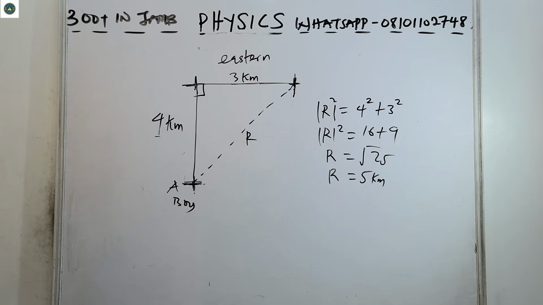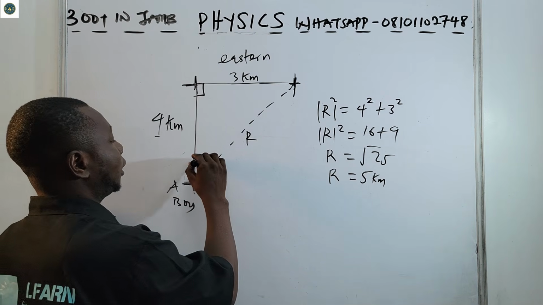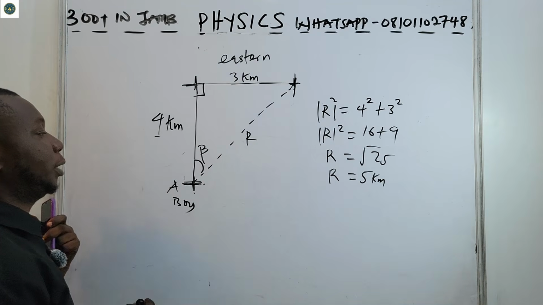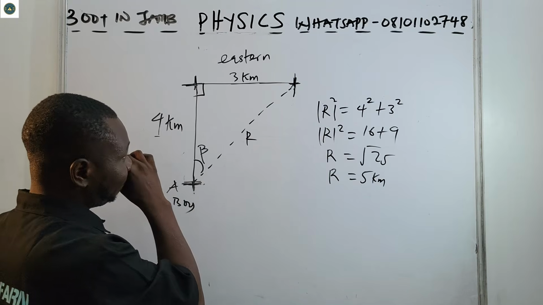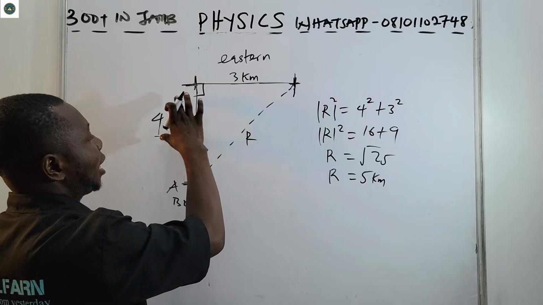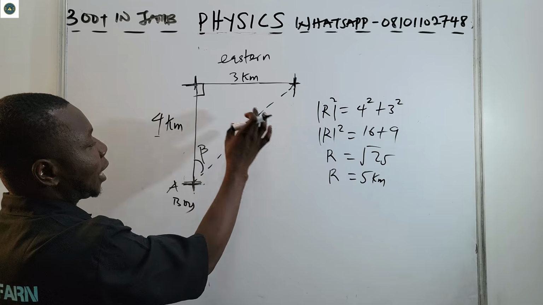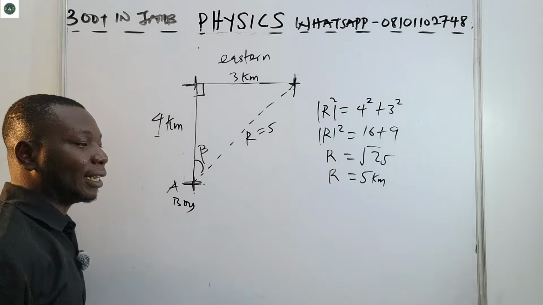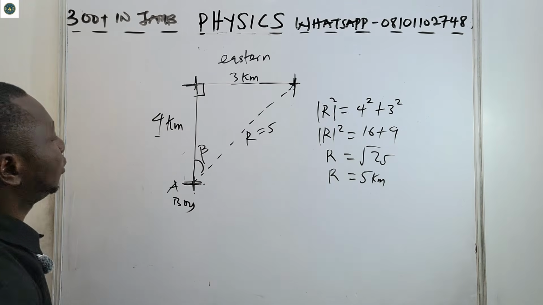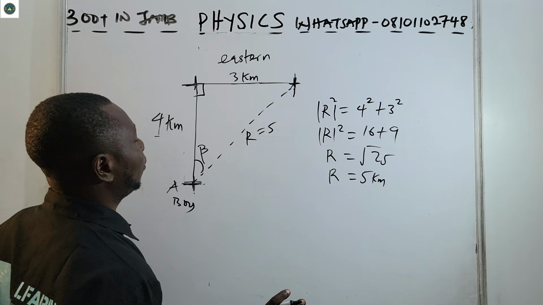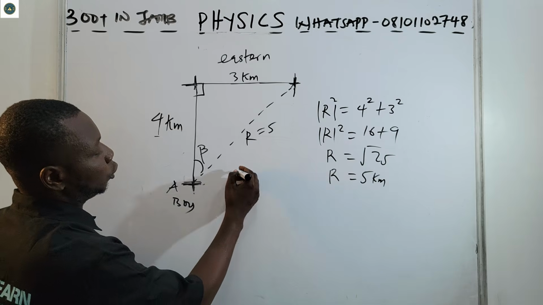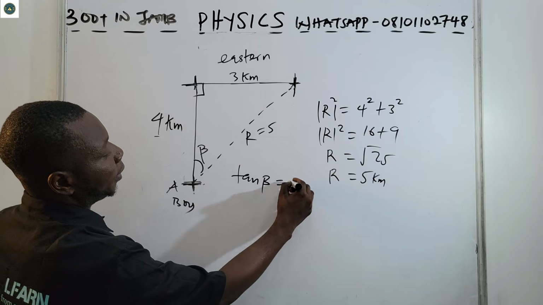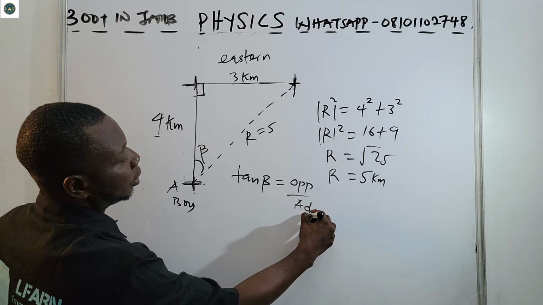That's the resultant. Now the next thing is to get the direction. Let's say here is angle beta. For us to get beta, we have opposite, we have adjacent, and we have the resultant to be 5. We can use any of SOHCAHTOA to get the angle beta. So let's try this. If we use tan beta, that is opposite over what? Adjacent.